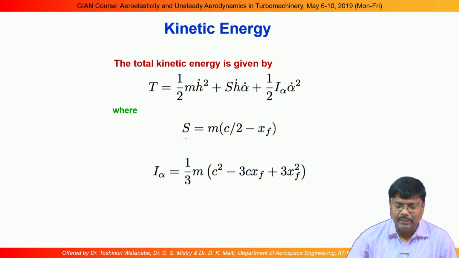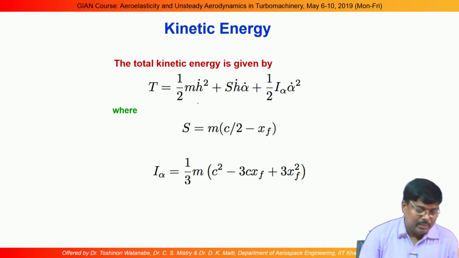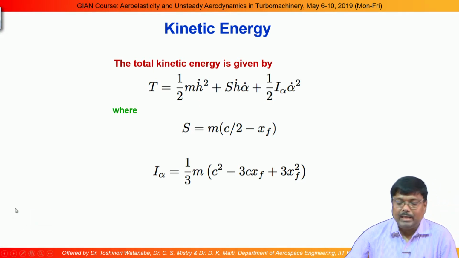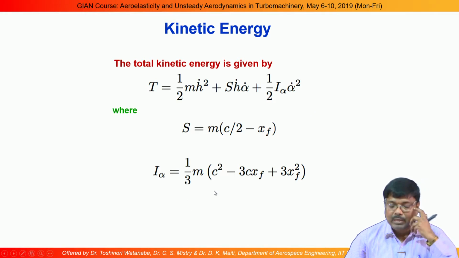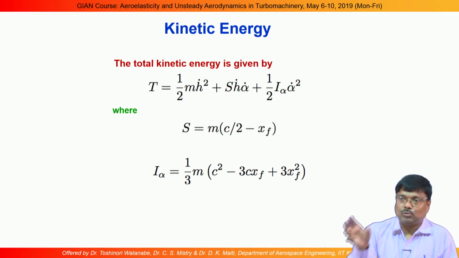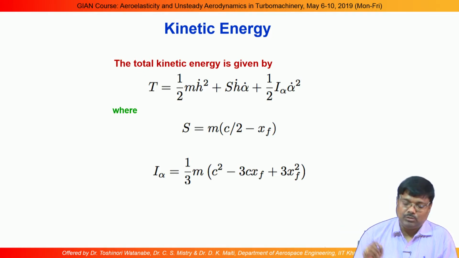And then finally, this I alpha also I can calculate, that is 1/3 m c square minus 3 c xf plus 3 xf square, that is the mass moment of inertia. Mass is coming and the distance square is coming, mass into distance square, that is the mass moment of inertia.